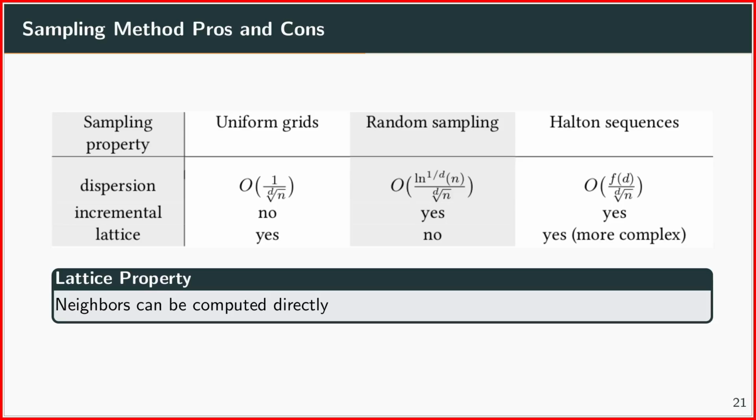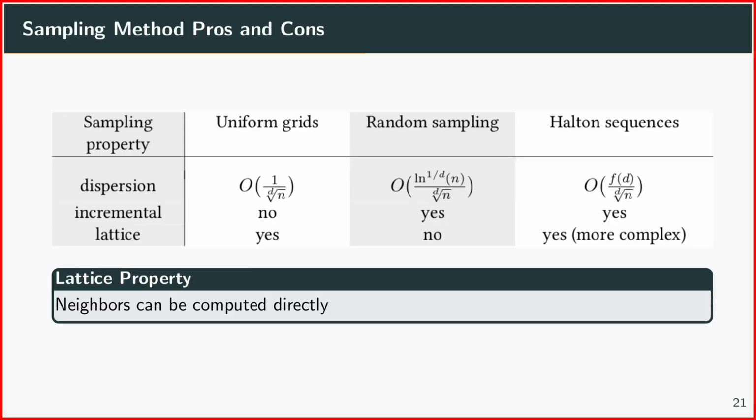But for Halton sequences, you get this property again. Also, this is a bit more complicated to do. And if you have this lattice property, one thing which is nice is that you can also compute the neighbors directly. So you could, for example, take a sample and already store the neighbors of the sample in this configuration.